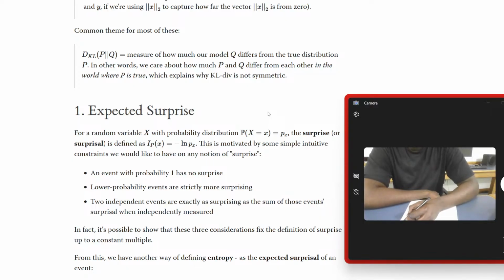And then also, two independent events are exactly as surprising as the sum. So I(x) plus I(y) is equal to I(x plus y), assuming x, y independent. Okay, and then we want to show that it fixes I up to a multiple.